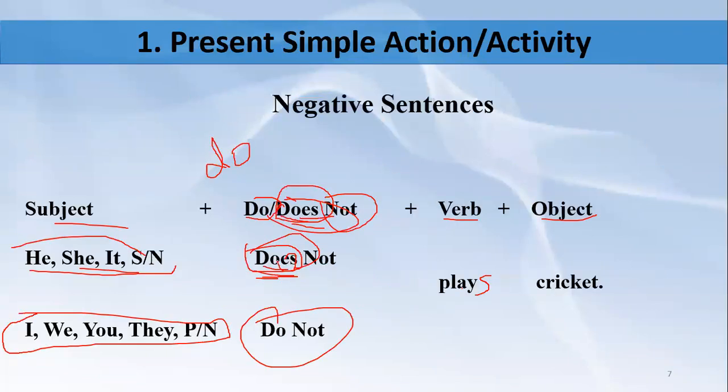Okay. So do is the first form, and es is already added here. Fine. So when you mention does, just as you say he goes or she goes, in the same way he does or she does. Then you need not mention s or es here, because that will be redundancy, it will be repetition. Fine. And this is grammatically incorrect.